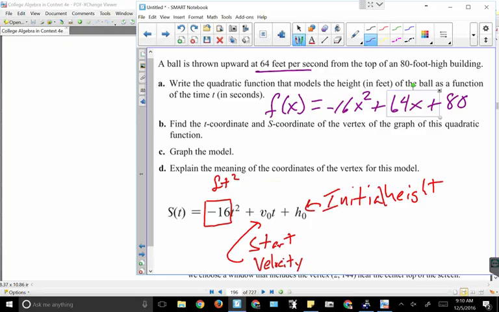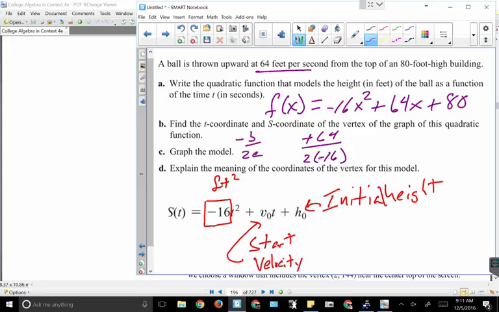Now it wants us to find the t and s, the seconds, of the vertex of this thing. Okay, so where's the vertex going to be? Oh, the vertex is going to be where the vertex always is, at negative b over 2a. So this is going to be at negative 64 over 2 times negative 16.